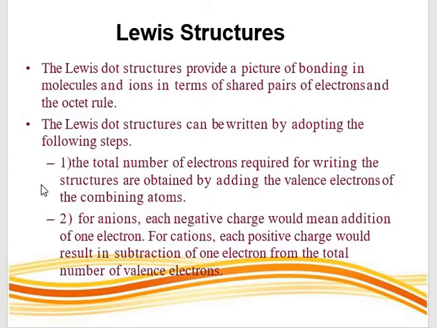Number 1, the total number of electrons required for writing the structures is obtained by adding the valence electrons of the combining atoms. Second, for an anion, each negative charge means addition of 1 electron. For a cation, each positive charge results in subtraction of 1 electron from the total number of valence electrons.